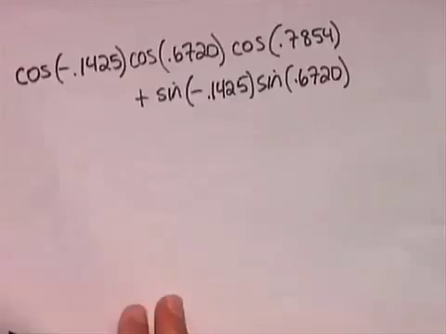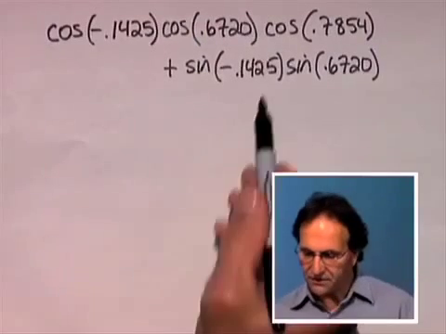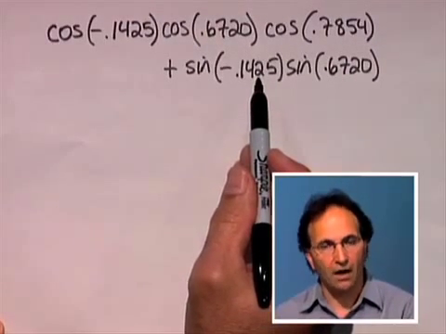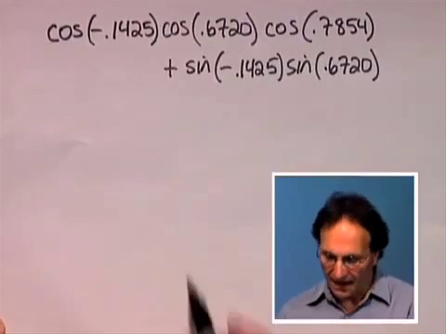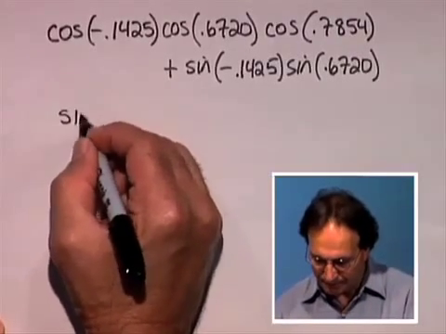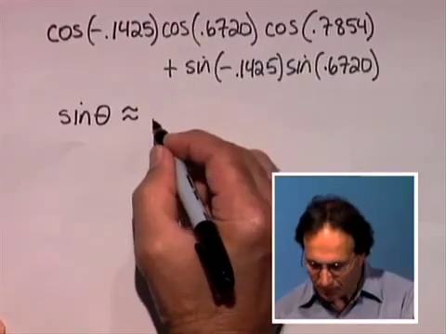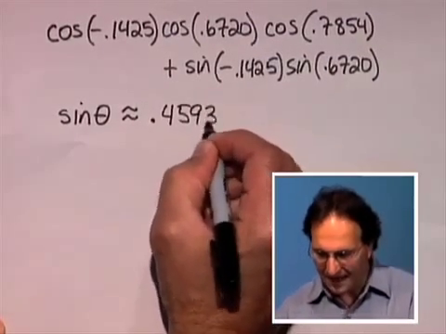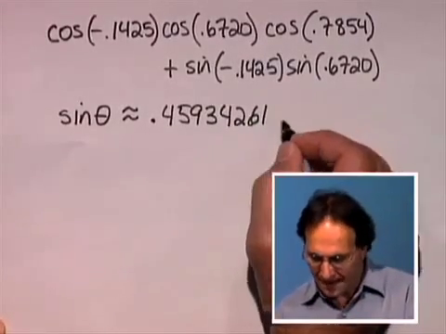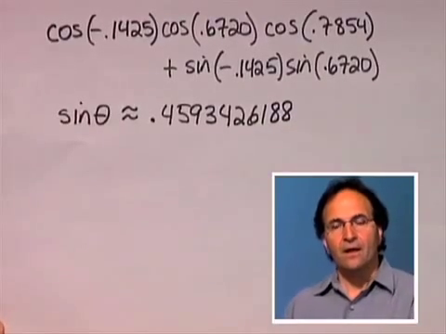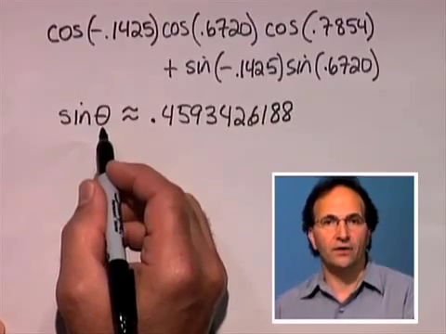I need more room to do that, so we'll bring in a new sheet. I have done this on the calculator, which is, of course, where you will also do it, making sure that your calculator is in radian mode, and you'll find that the sine of theta is approximately equal to 0.4593426188. What we're interested in is, of course, theta. So we're going to use inverse sine.